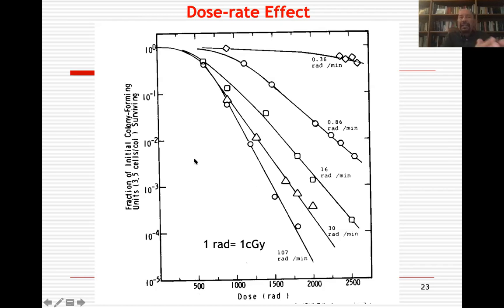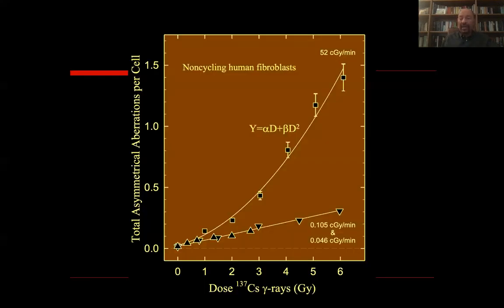So the impact of radiation at low dose rate, the general assumption, which is not always true, as usual in science, is that when you have low dose rate, you expect a lower effect. This is true for survival, of course, but it's also true for chromosomal aberrations.